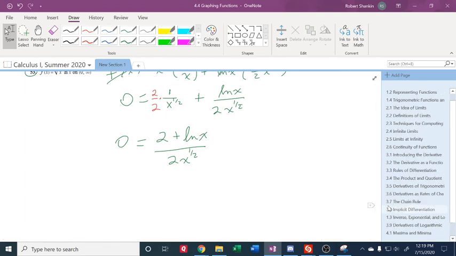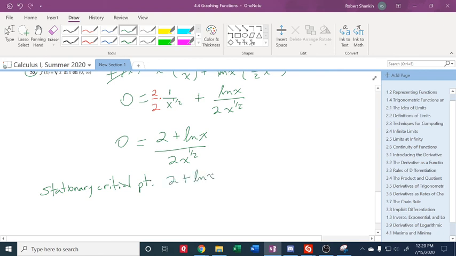So we're going to get two equations. We get a stationary critical point if the numerator is 0. When we solve that, we subtract 2 from both sides, so ln x is -2.